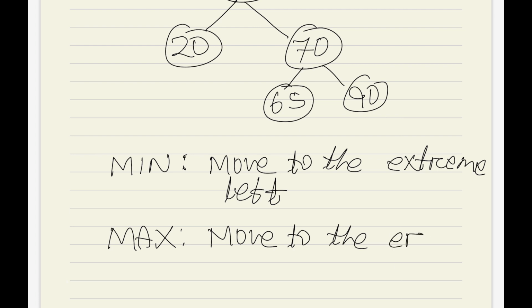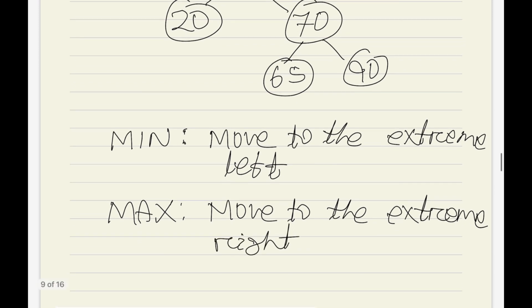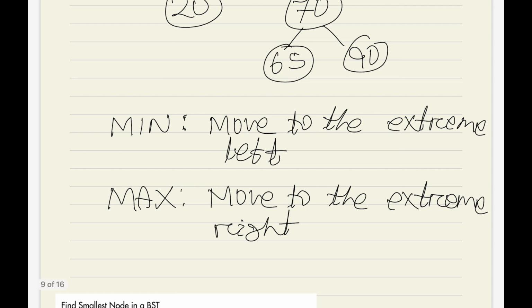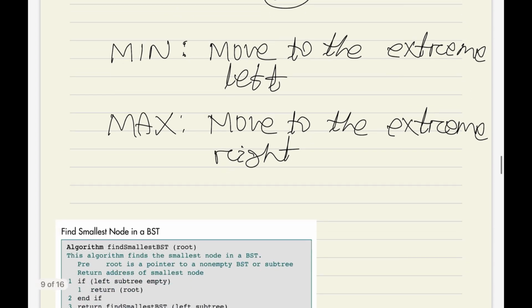Following the same principle, move to the extreme right until we find a node that has no right subtree, like this, for finding the maximum.